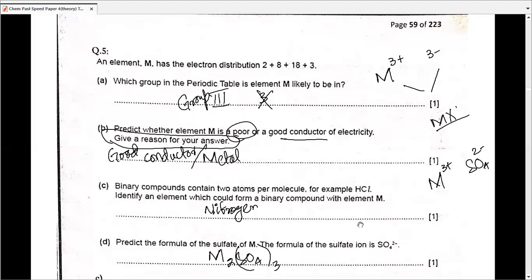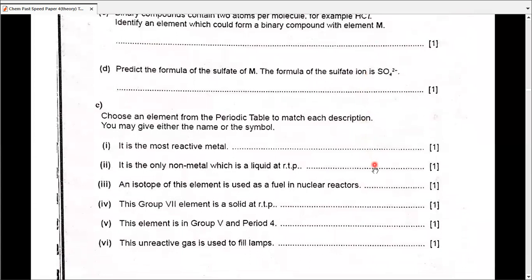Let's move further. Let's see what we have in E. Choose an element from the periodic table to match each description. You may give either the name or the symbol. So it's better to fill them all up either with symbols or with names. Symmetry is always important.